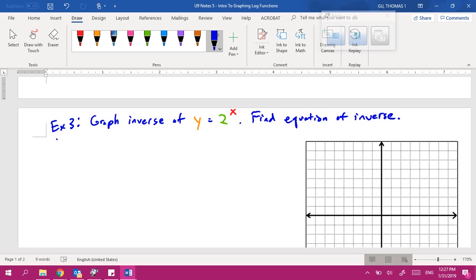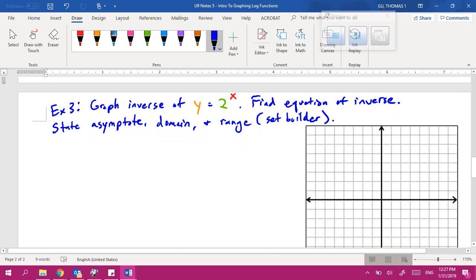Then we're going to state the asymptote, domain, and range in set builder notation.